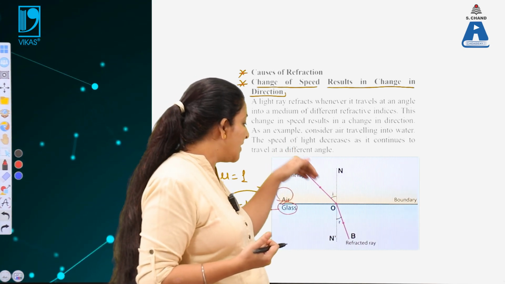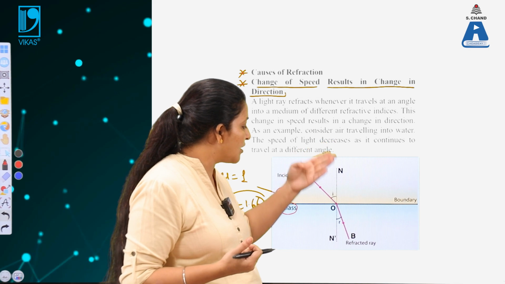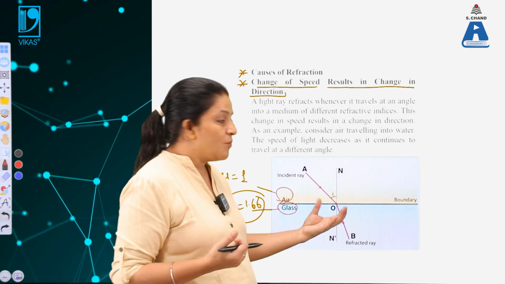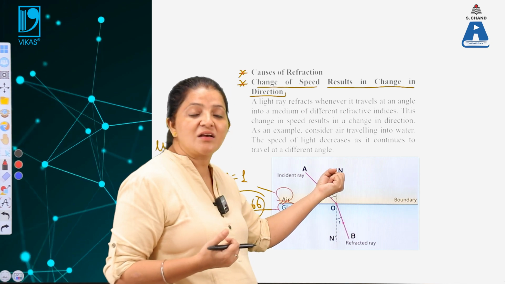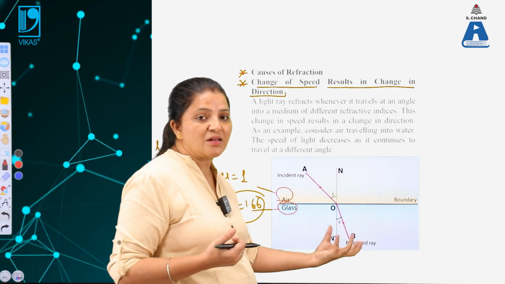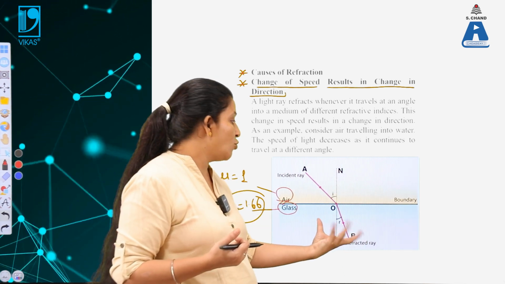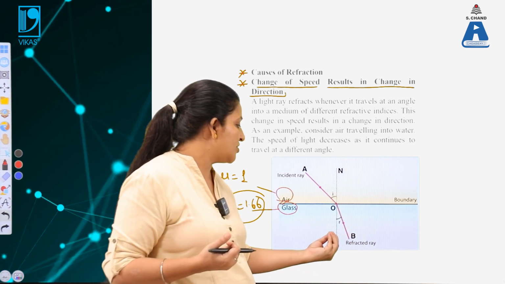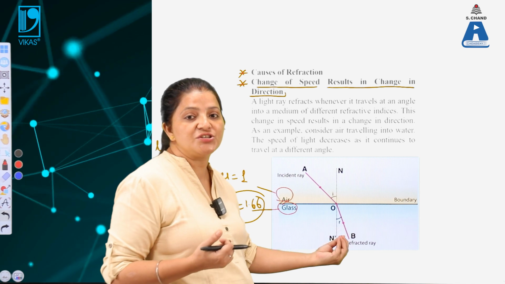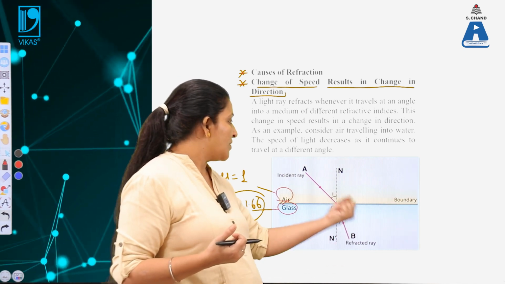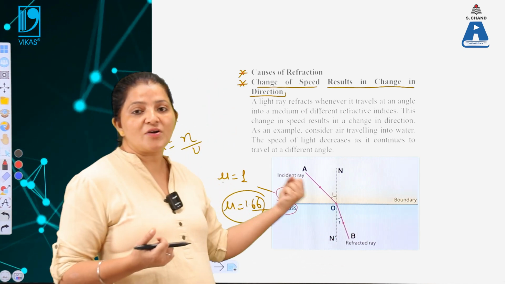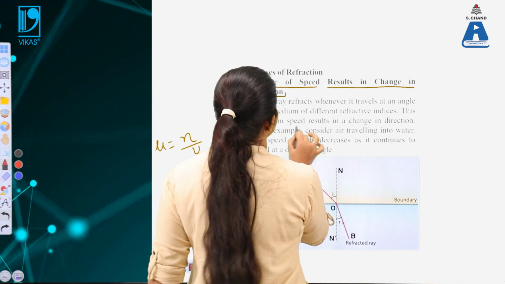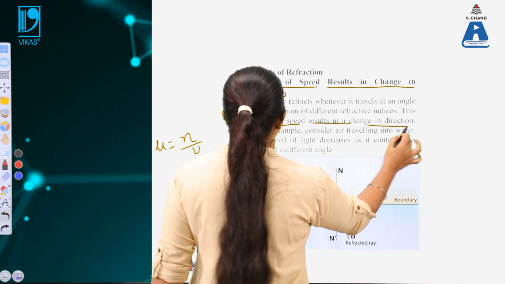When it has to travel from one media to another media, its speed will change, because here the density of the particles is small and here the density of the particles is very large. Due to the large density of the particles, multiple refractions occur and the angle of the rays will change. Automatically the direction and speed of the light wave will change. So, this change in speed results in a change in direction.